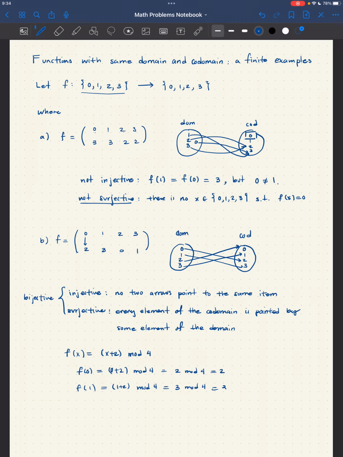So this is just 3. Well, when I get to f of 2, that is 2 plus 2 mod 4, but that is 4 mod 4. So when I divide 4 by 4, the remainder is 0.